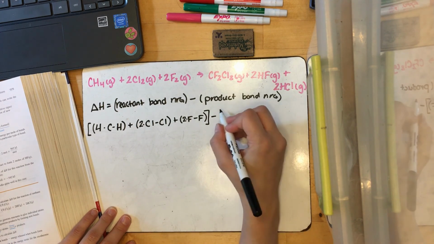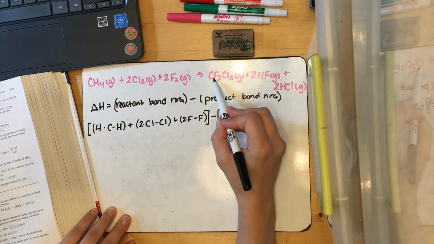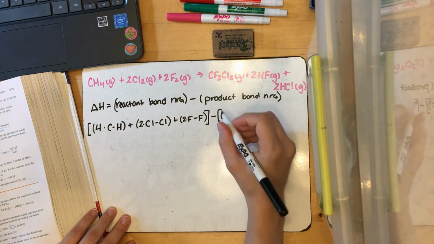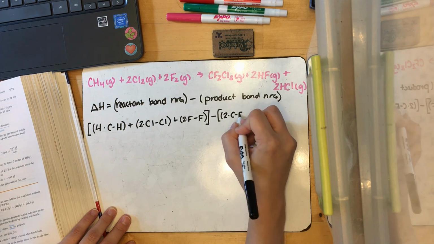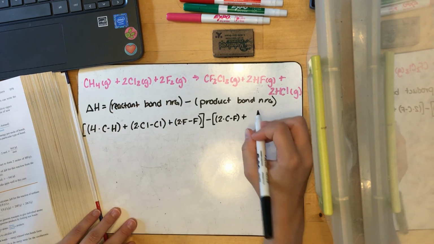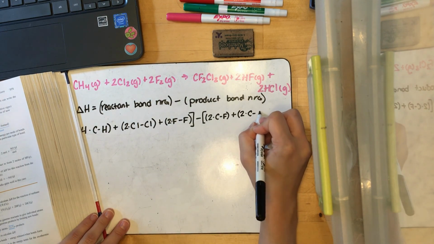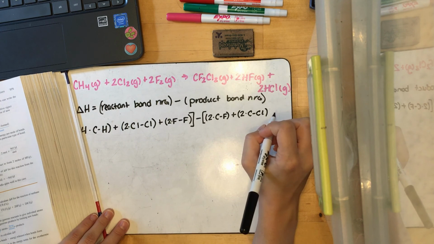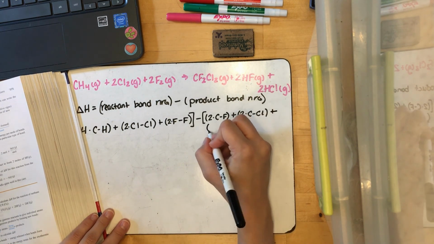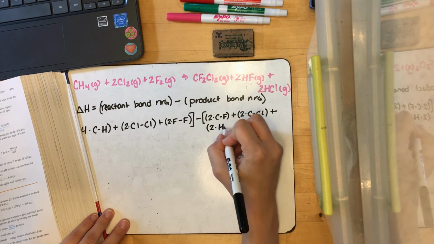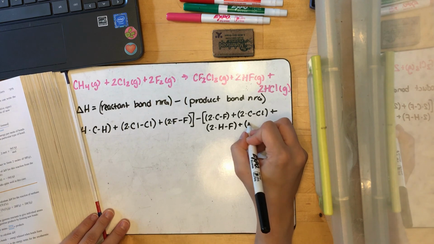And then we're going to subtract our product bonds. On this side we have 2 carbon-fluorine bonds and we have 2 carbon-chlorine bonds. We also have 2 HF bonds and 2 HCl bonds.